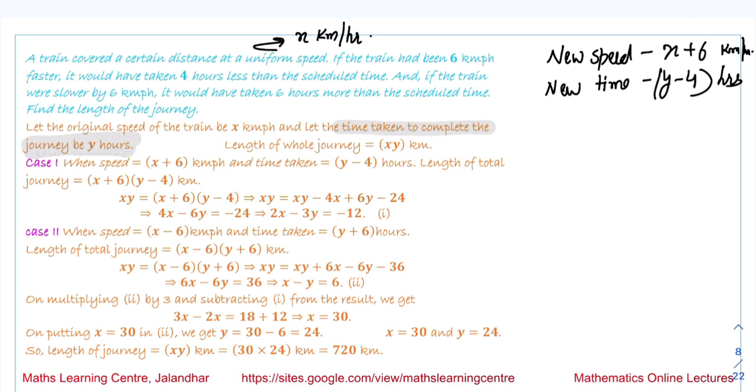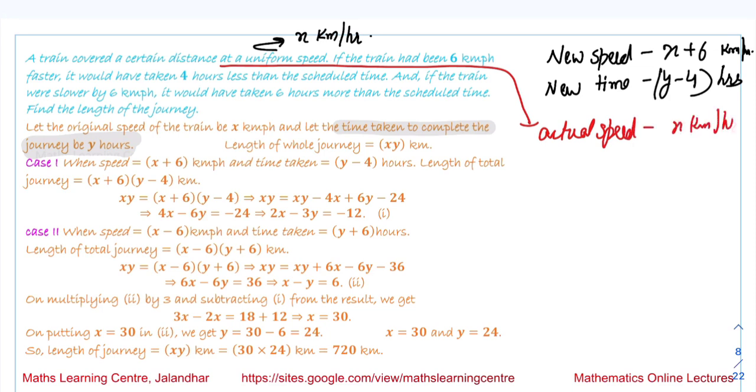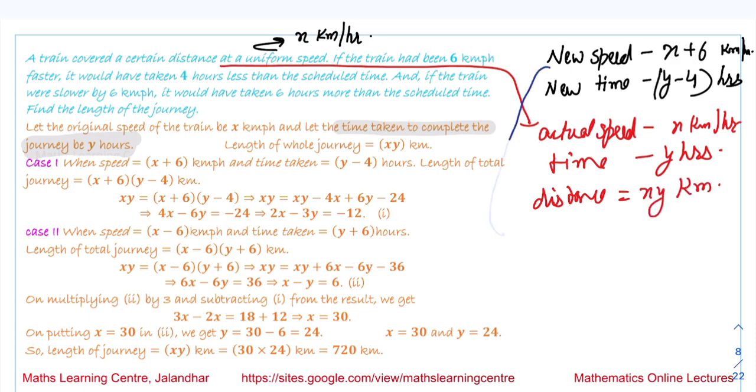So if we talk about the total distance it has traveled, when we look at this, the actual speed is x kilometers per hour and the time taken is y hours. So the distance traveled is x into y kilometers. From the new speed, the distance traveled is x plus 6 into y minus 4, that is distance into time, which should be equal to the total distance traveled.